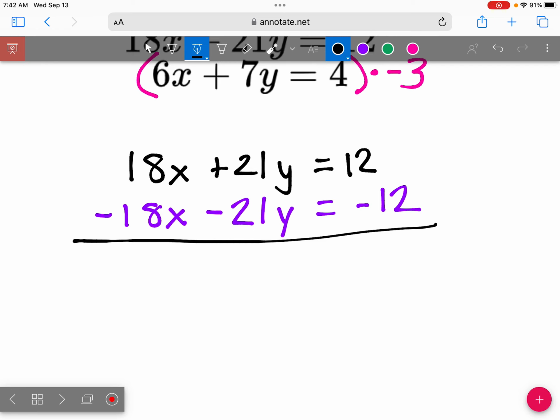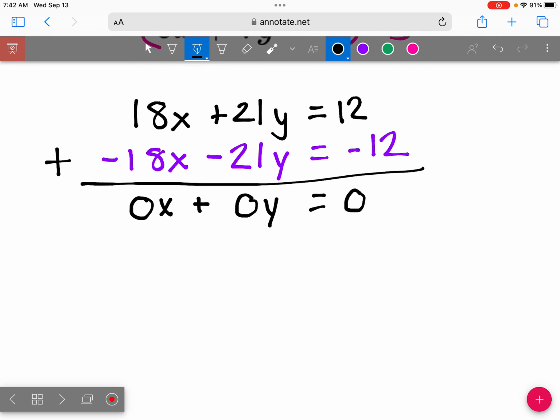So 18x plus negative 18x gives us 0 x's. 21y plus negative 21y gives us 0 y. And 12 plus negative 12 gives us 0. Both of my variables canceled out here.